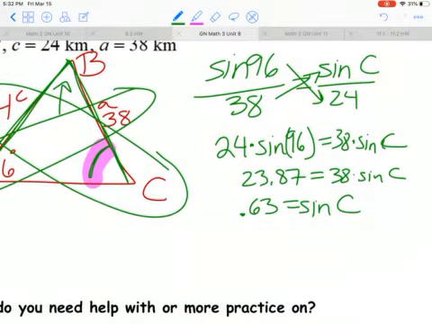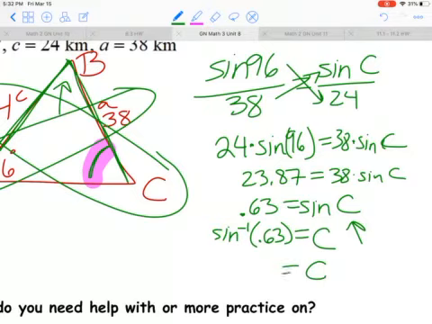Okay, so we get this as our sine of C. And because we don't know the angle, this is when you use sine inverse of the decimal to get the angle. So we're going to get 39 degrees as our angle, depending on how you rounded.